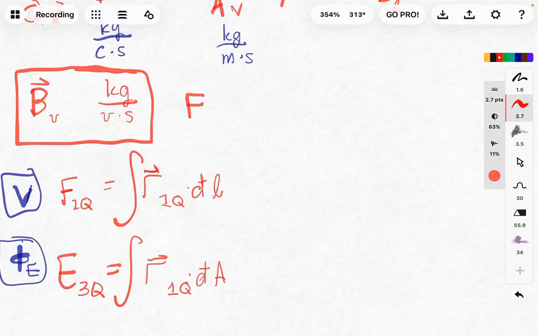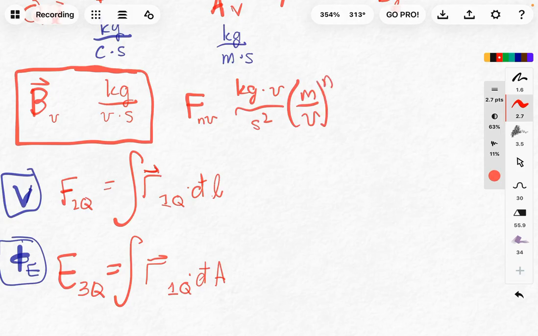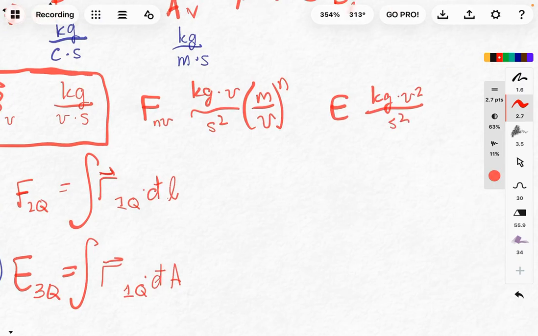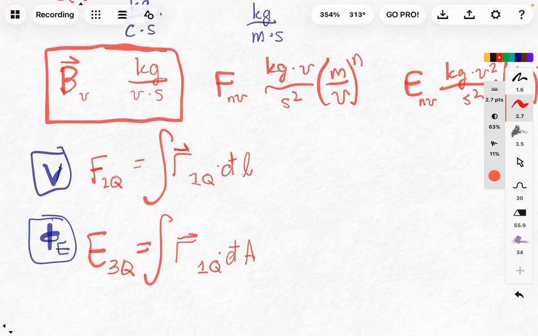Force has SI units of kilograms times the unit per second squared, meters per the unit to the n, and energy is kilograms times the unit squared per second squared, meters per unit to the n. Well, energy in U. There we go.